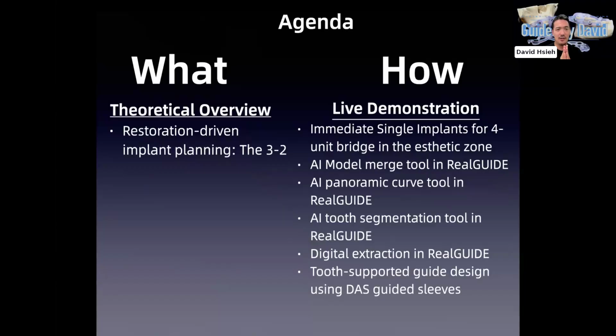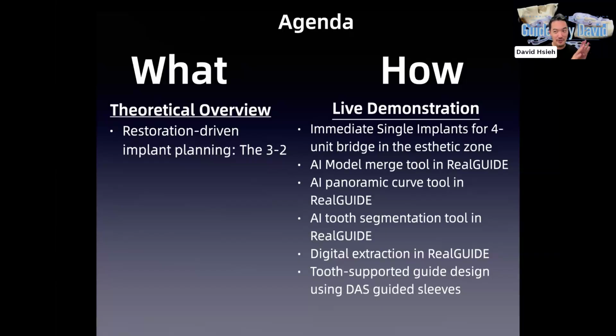All right. So what are we gonna talk about today? We're gonna talk about restoration driven implant planning, specifically the 3-2 rule, right? This is what we need to do. And the other thing is, how do we get there, right? We're gonna do a live demonstration, because there's no lecture better than showing you what really happens on my computer.